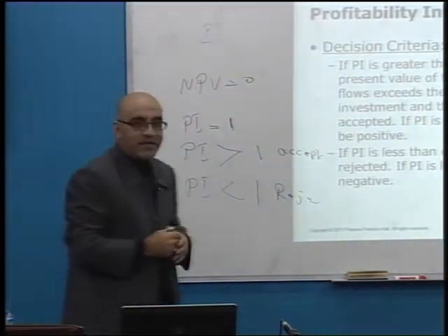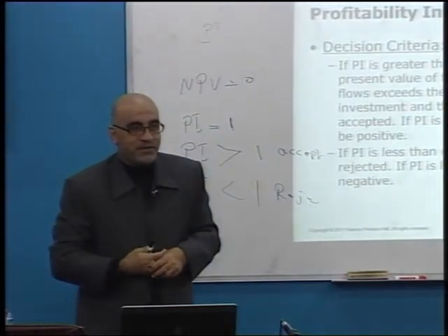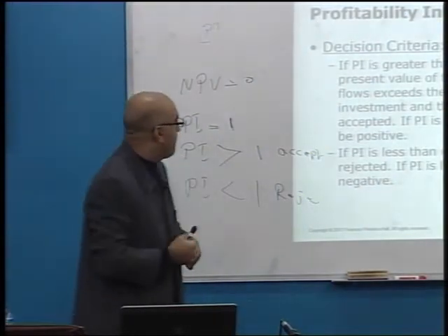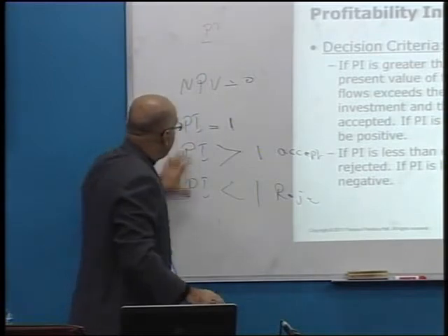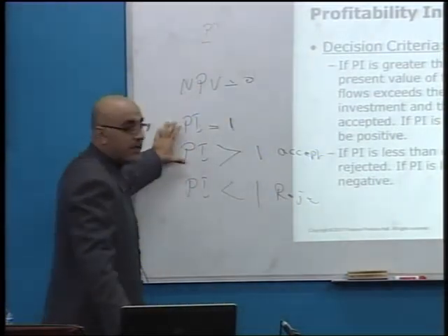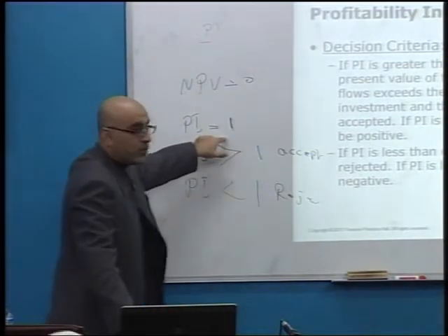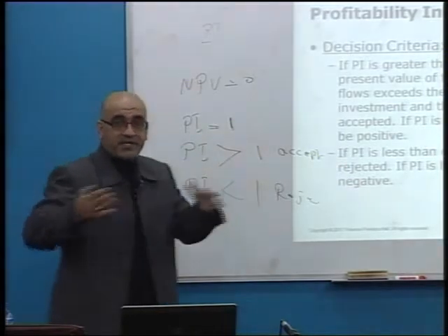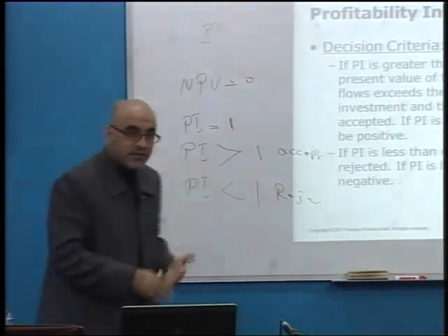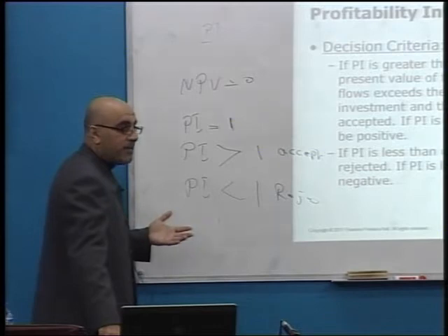So be careful in the multiple choice questions. This is the decision criteria of the PI. If the PI is equal to 1, we are on the edge. We either accept or reject the project; it depends on the philosophy of the management.